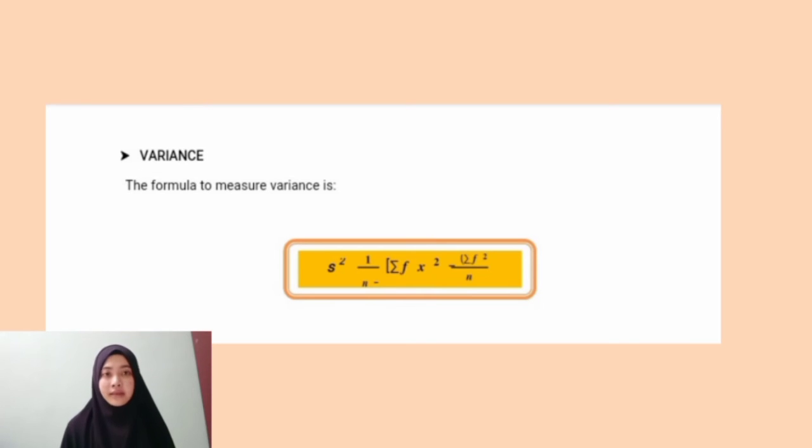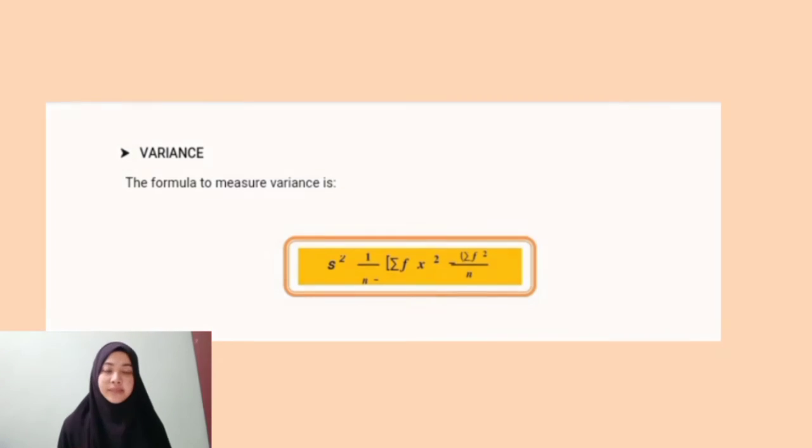In variance, there are three categories: grouped data, population, and ungrouped data. This is the formula to calculate the variance.